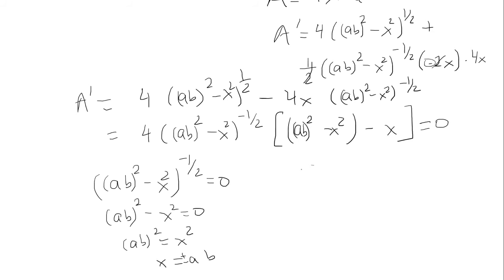And now we have to set this inside equal to 0. Just to make it nicer, I'm going to multiply everything by -1 and make it look like this.